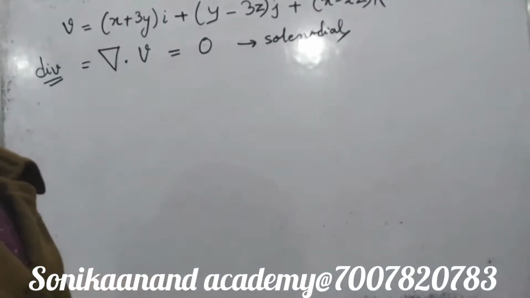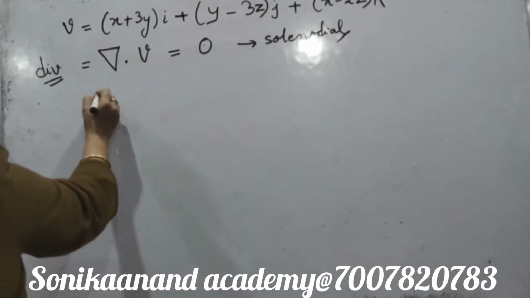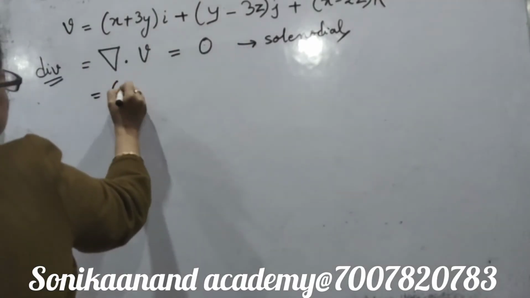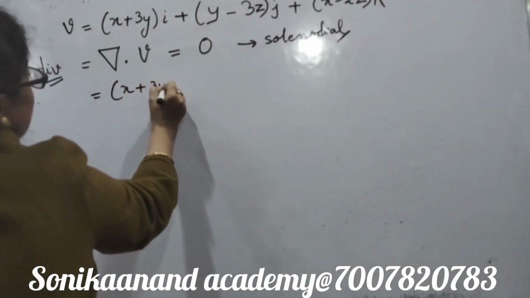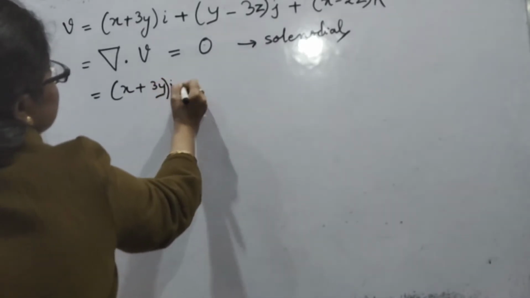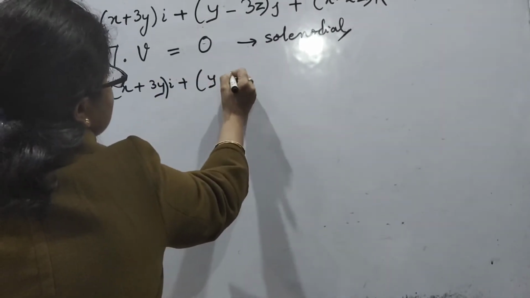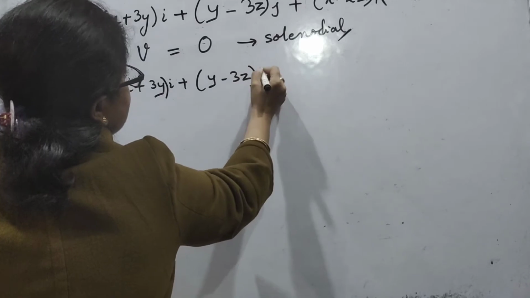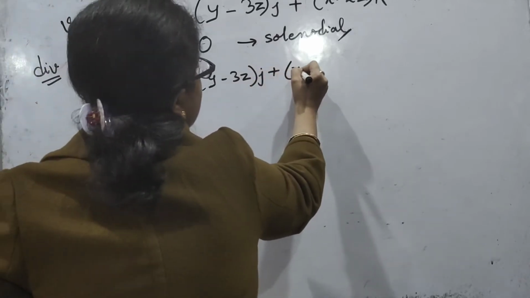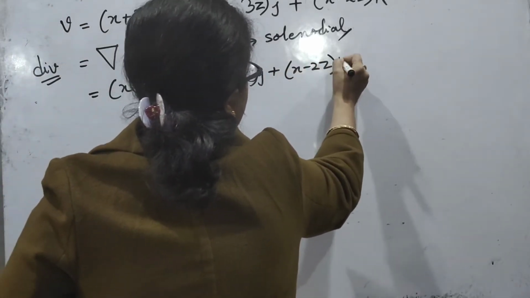Now, how can you solve it? You just write the whole vector (x plus 3y) i, then (y minus 3z) j plus (x minus 2z) k.